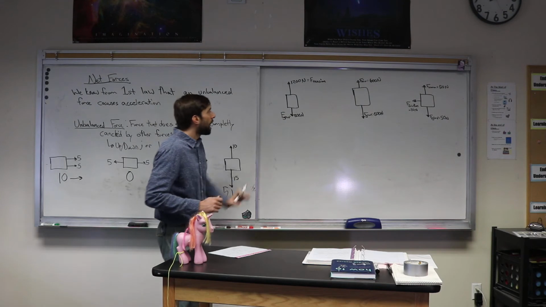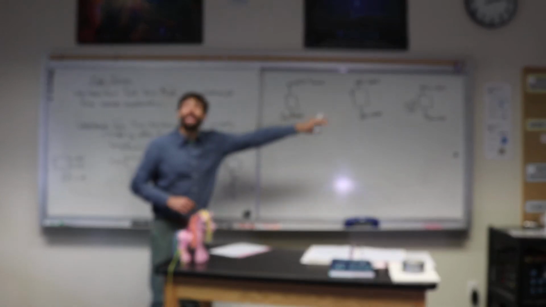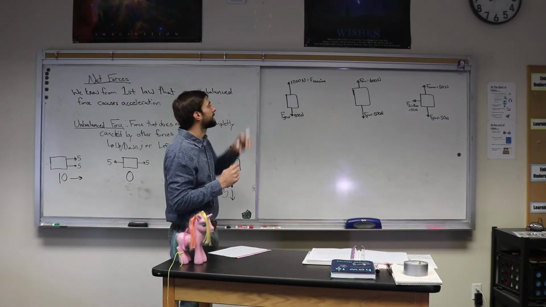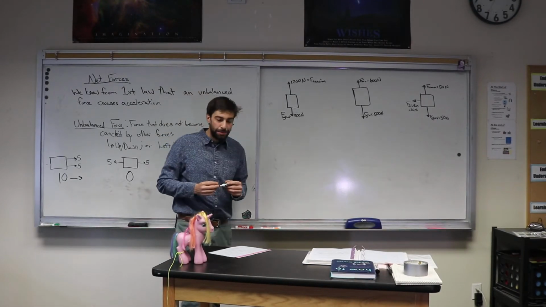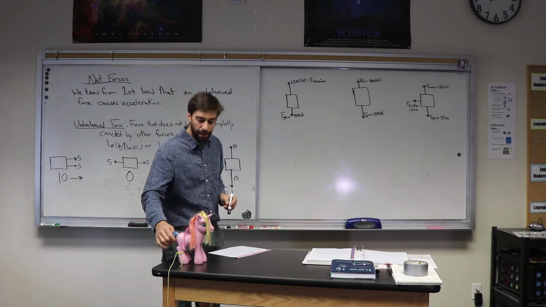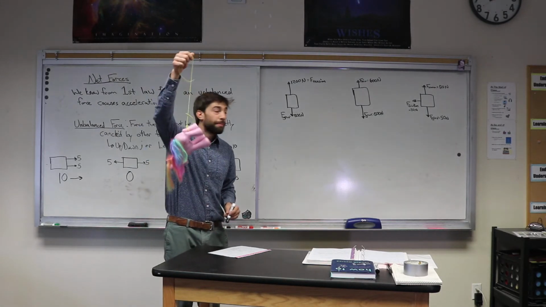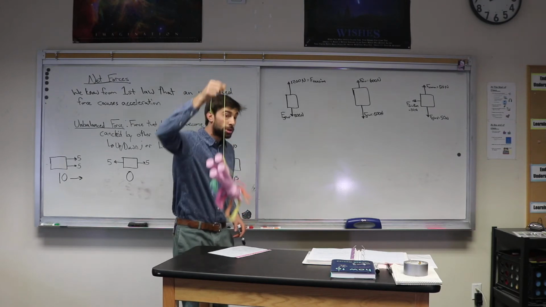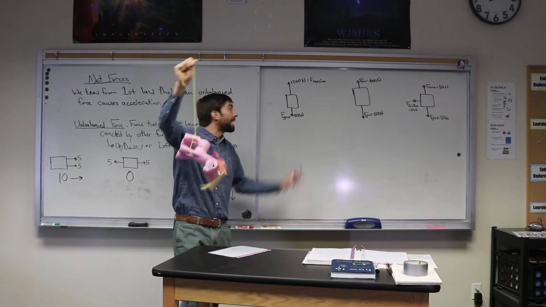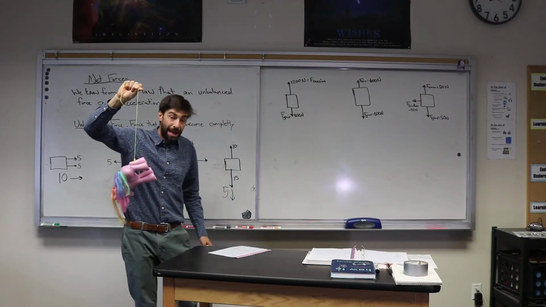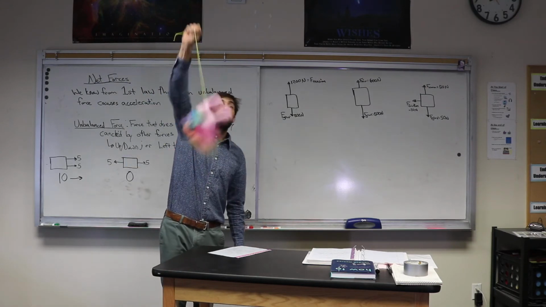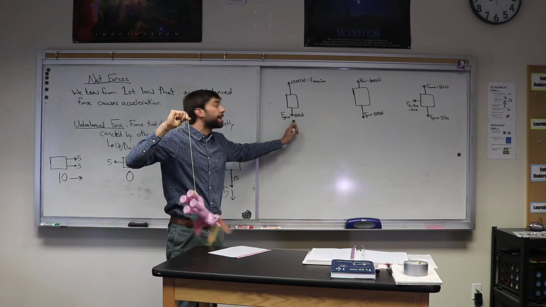So in this case, we want to find the net force on each of these free body diagrams. In this first example, I have Physics Pony on a string here, and I'm pulling up with 1,200 newtons of force. And Physics Pony weighs 800 newtons. Remember, force of gravity is equal to the weight. What's Physics Pony going to do? Physics Pony is going to go up because I'm pulling harder than the force of gravity.